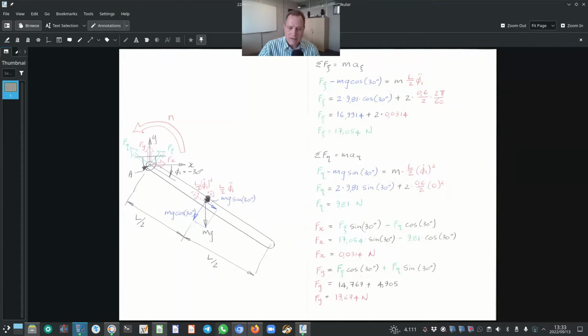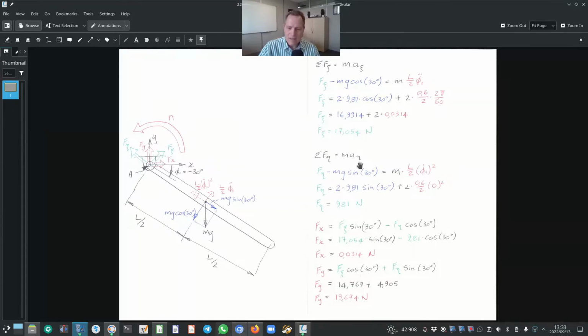That's the component of the acceleration in the positive Kc direction at time t0. So we can substitute the values as you can see here in this expression, and we end up with a final value of 17,054 Newton in the direction indicated on the diagram.